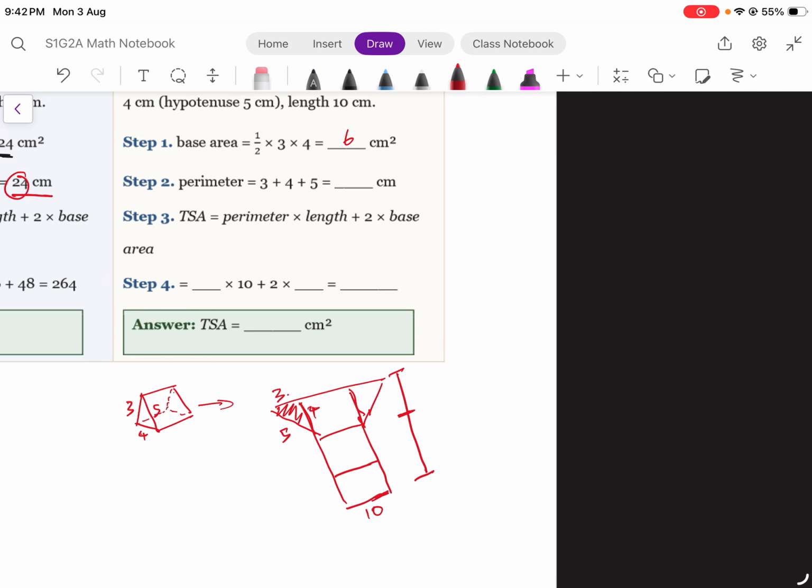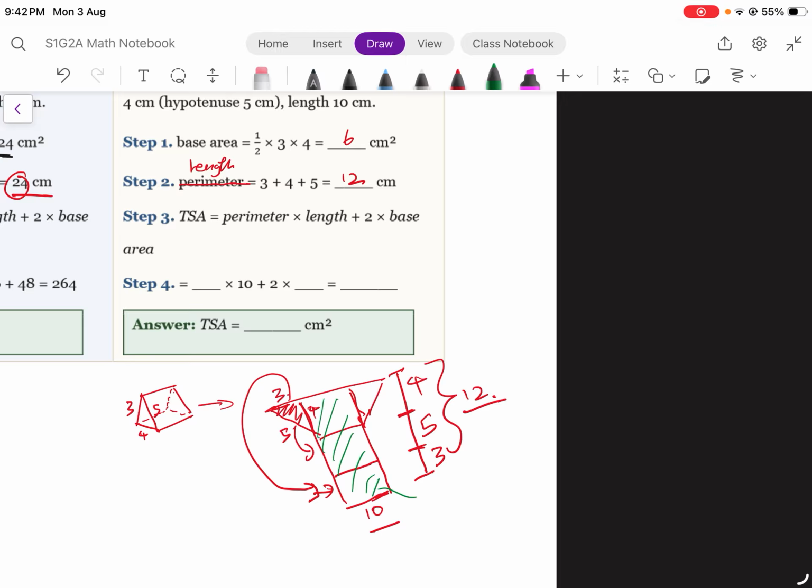This one we know is 4. This one opens up here, so we know up to here is 5. And this length here is this rectangle here, so we know it's 3. So our total length here is 3 plus 4 plus 5, 12. So here is 12. 12 times 10 to find this whole area.